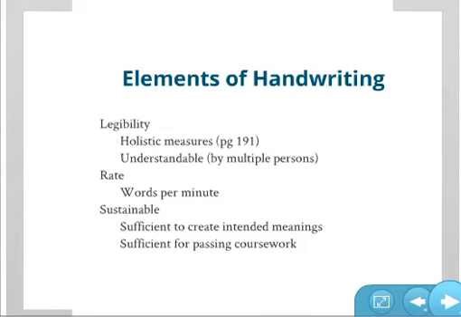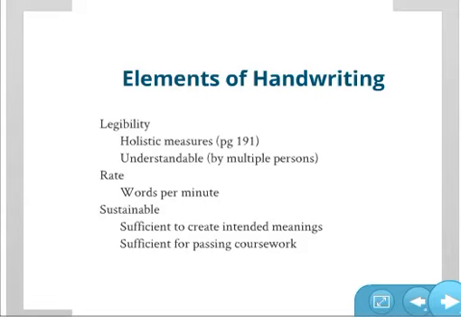Rate is usually measured in words per minute, although there are multiple ways that we can look at rate, because just words per minute isn't always important. It could be correct words per minute, correct word sequences.